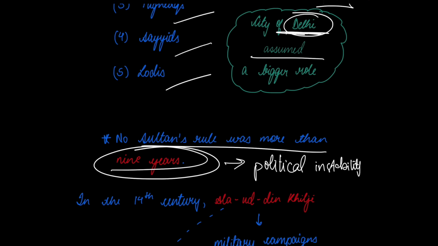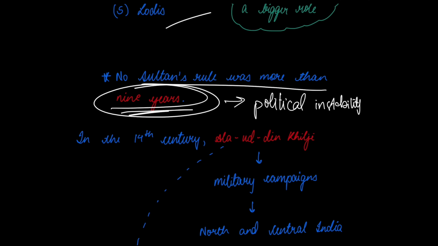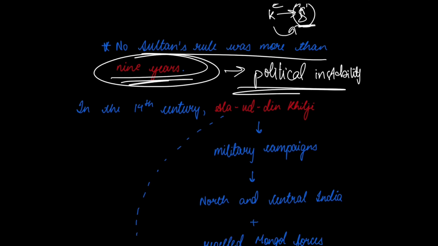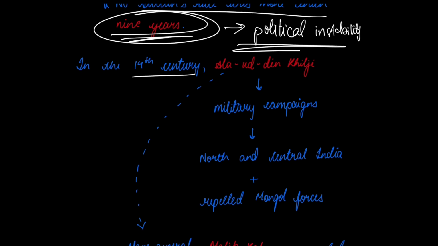Whenever one ruler had to succeed another, there were always violent reactions. Whenever a second person had to take the throne, it was always in a violent way.